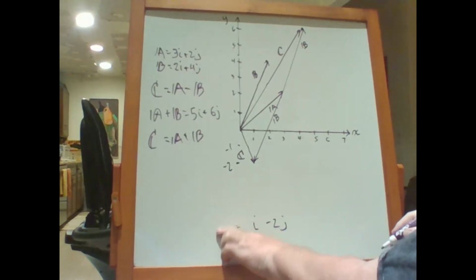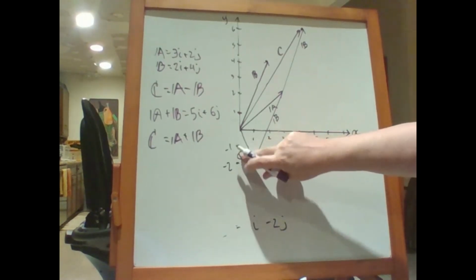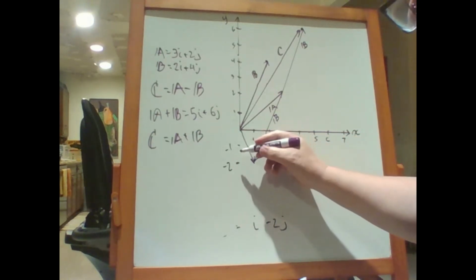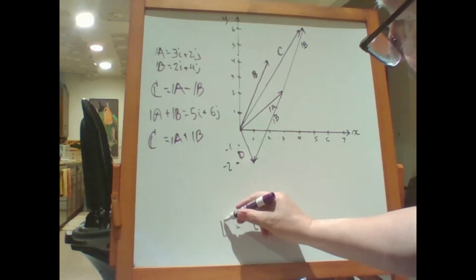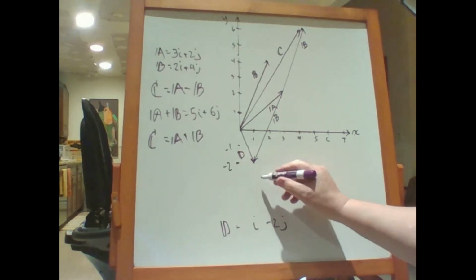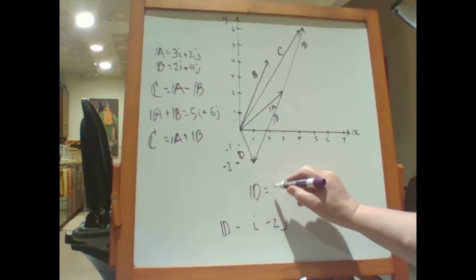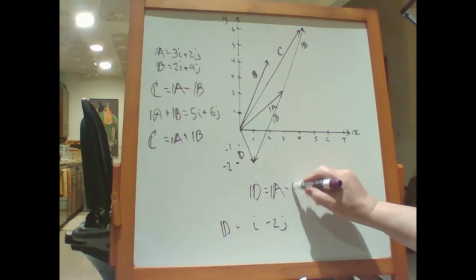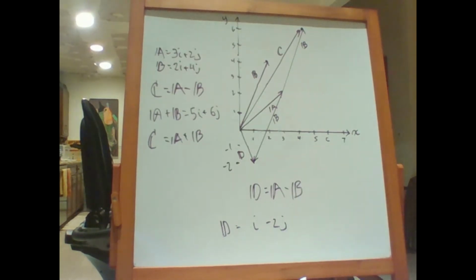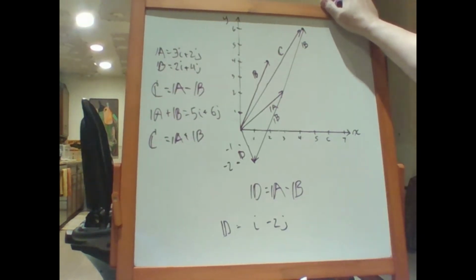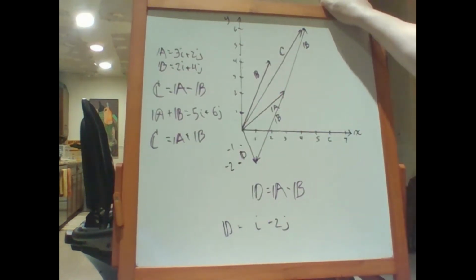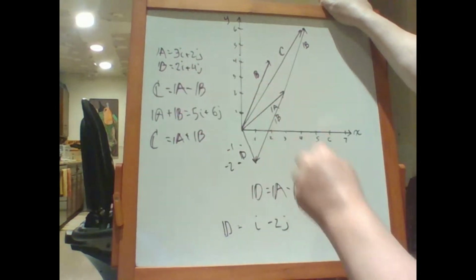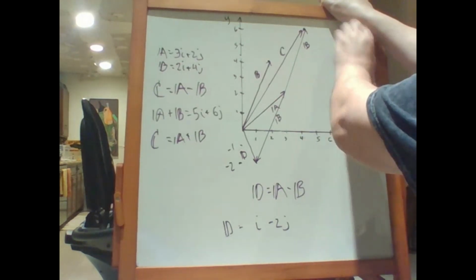We could call this one D, just so that we don't get it confused. D equals A minus B. So you get the idea here of how to add and subtract and what it means, because you're adding and subtracting components.